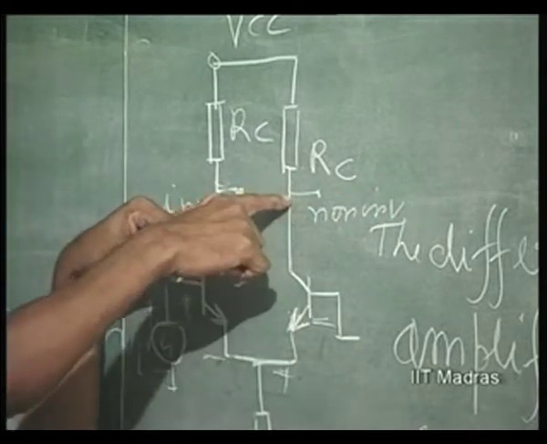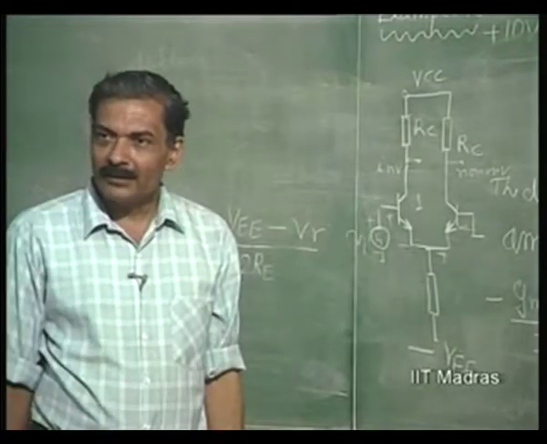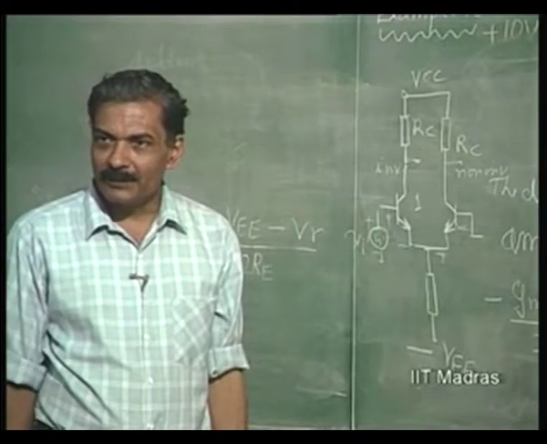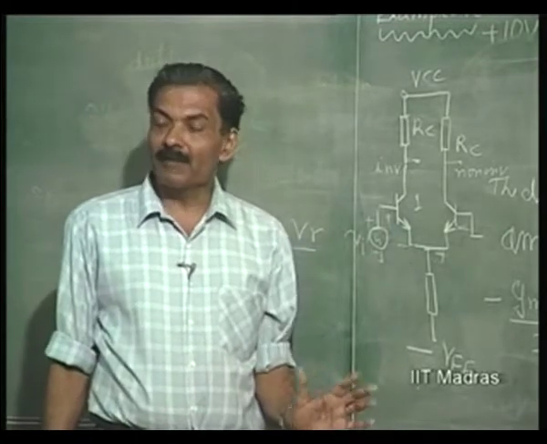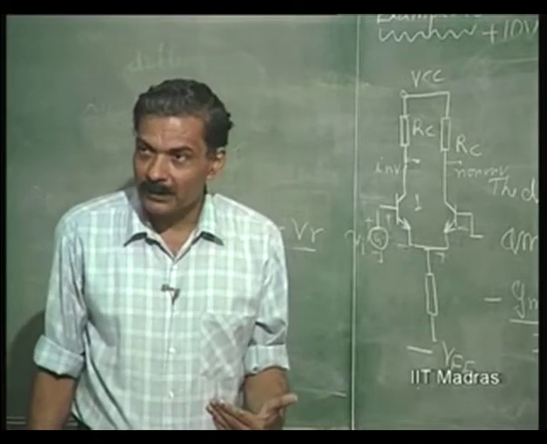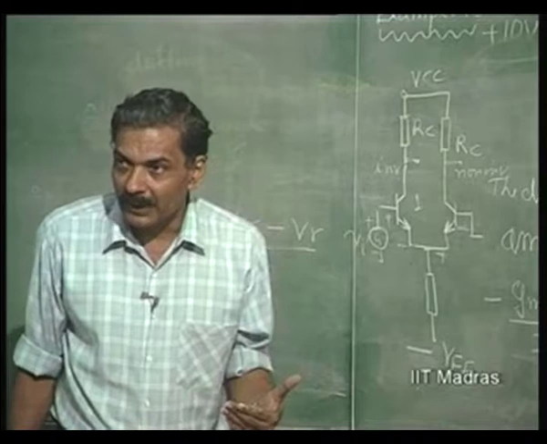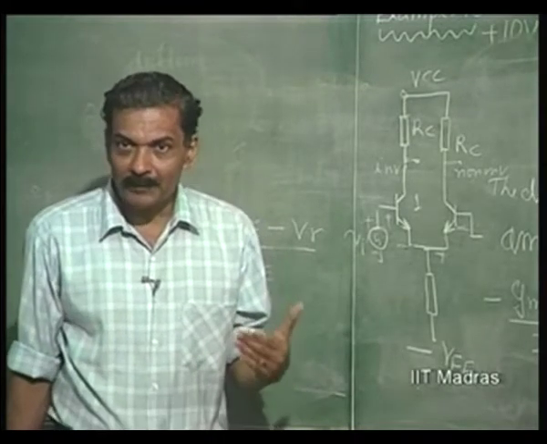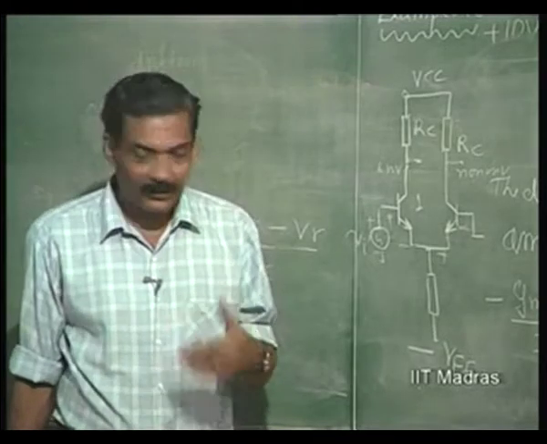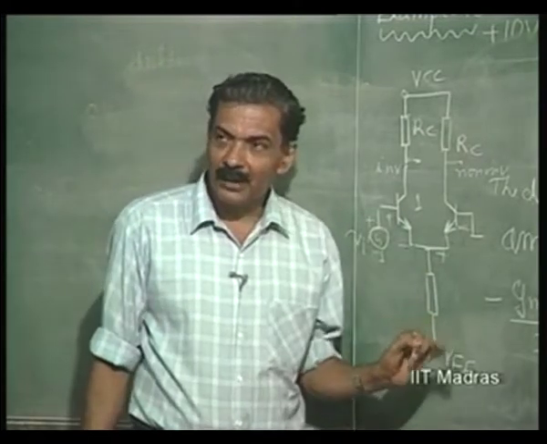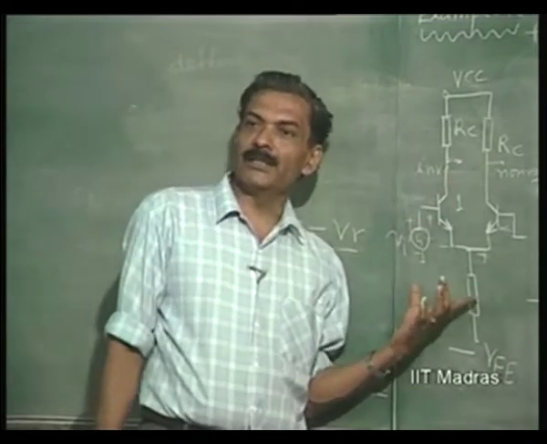Therefore, if I take the differential output, how much do I get? I will get the same old stuff, Gm into Rc. So, by using a differential configuration, I have solved a number of problems without losing anything at all in terms of gain. I got back my Gm Rc gain of the common emitter amplifier even in this. But what I have gained is enormous. This is a DC amplifier in the true sense.